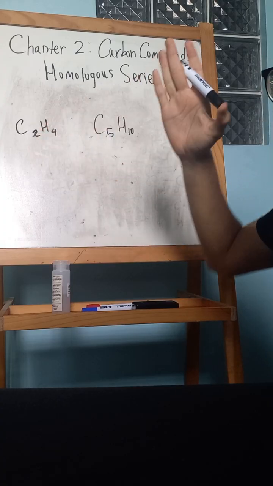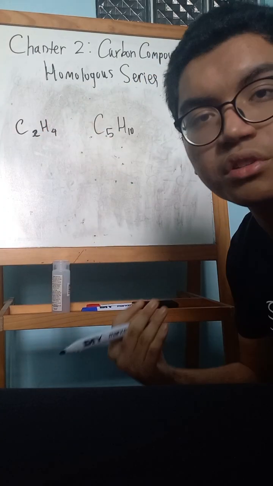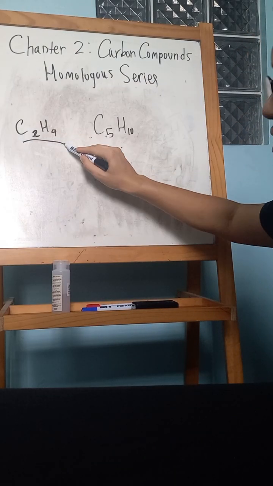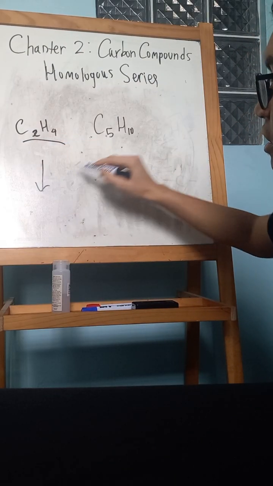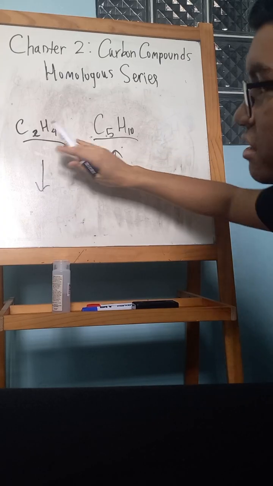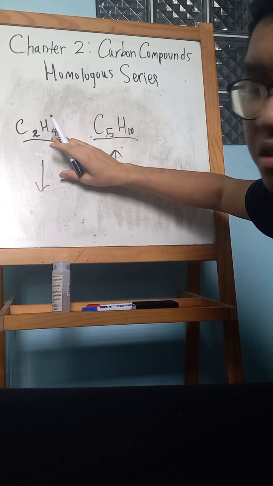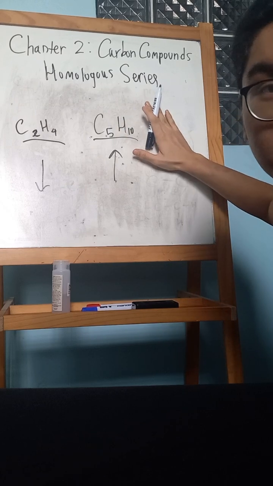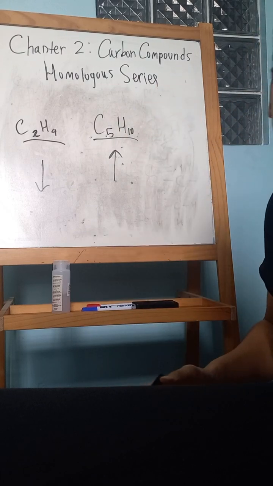Because of covalent bonds, van der Waals forces of attraction, intermolecular forces of attraction, the melting point of this is lower than the melting point of this. So this needs less heat to melt or boil it, and this needs more heat to melt or boil it.